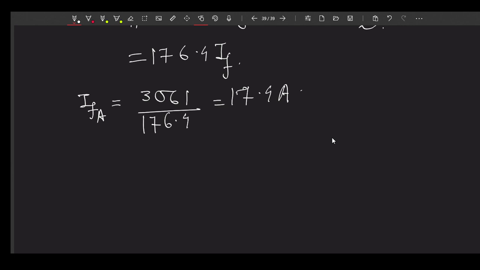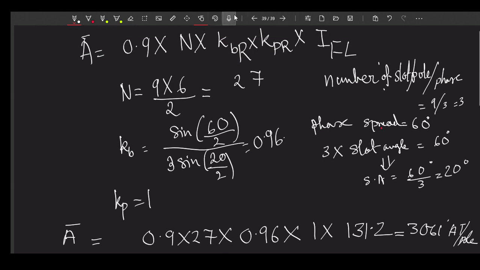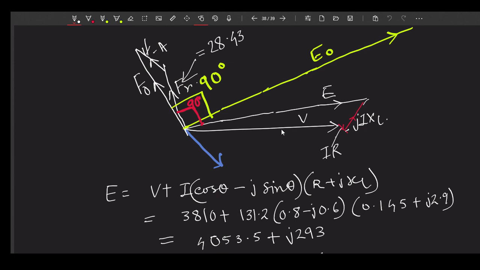That is why we can draw them in a single phasor diagram. Applying similar logic, we can use this unitary method to interpret the amount of armature reaction MMF in terms of your field winding. So basically, what is this 17.4? This minus A is 17.4 ampere.